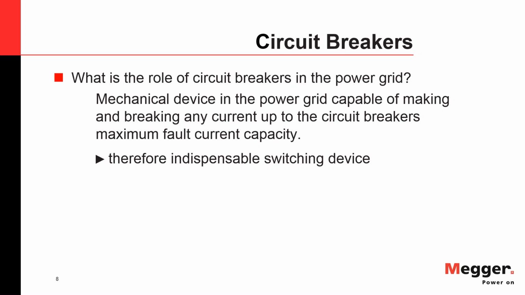That's not cost effective, but the circuit breaker can take care of all of these roles, while the other devices, fuse disconnects and so on, can only take on one of the duties, and they would fail, for instance, if you exceed their interrupting rating, or if you have a dead break switch and you open it under load. So the circuit breaker is really the universal apparatus to make and break.